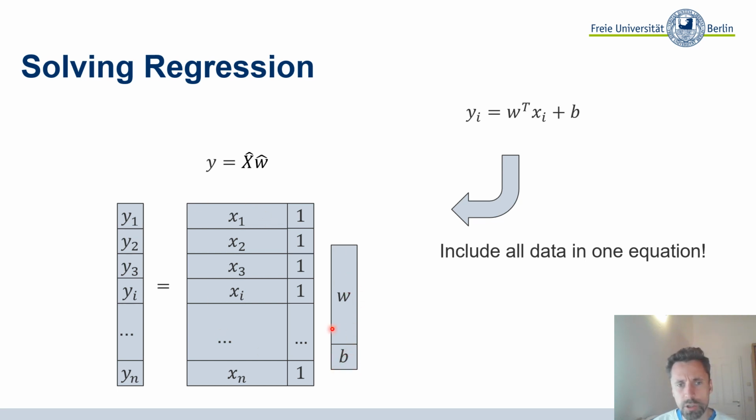So the multiplication of this matrix times this vector is really the same as in the previous slide. Sometimes you will see the one being added in the first column of the matrix X, and the bias term being the first of this vector W hat, but it doesn't really matter because the sum in the end doesn't care about the position of the bias.